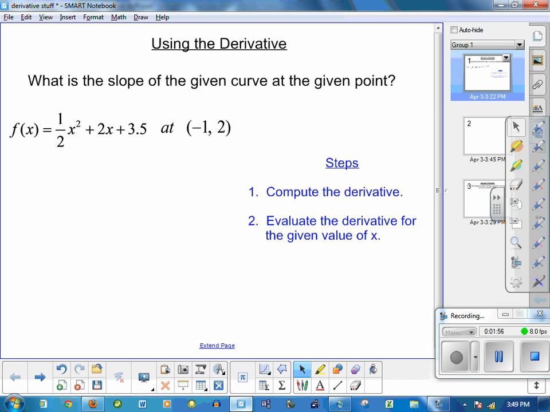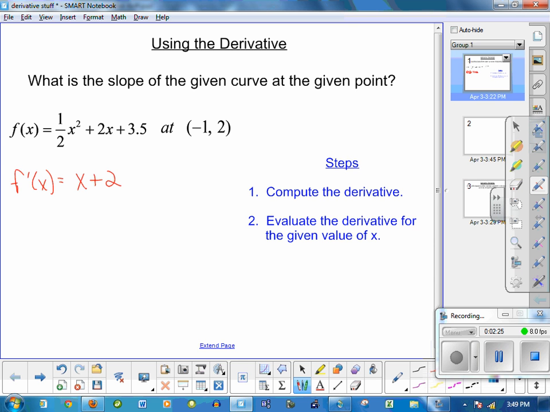So it's only 2 steps. We can get right to work on that and see that f prime of x is going to be, using the power rule on this function, 2 times a half is 1, times x to the first, plus, now we've got the power rule done to a linear term, so we're just left with the coefficient.